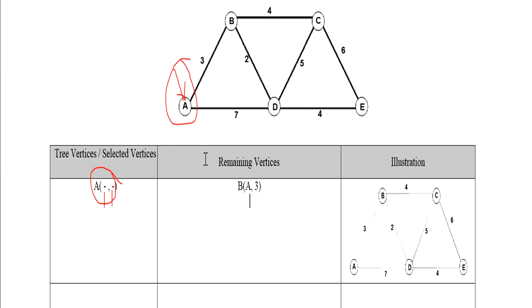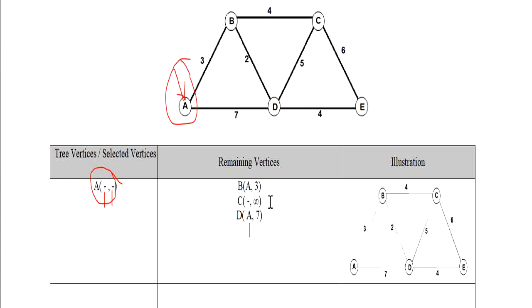Next, can I visit vertex C directly, is it adjacent to A? No, this is not adjacent to A. So I am going to represent this as dash and infinity. Next one is vertex D. Can I visit vertex D from A? Yes, it can be visited from vertex A, and its weight is 7.